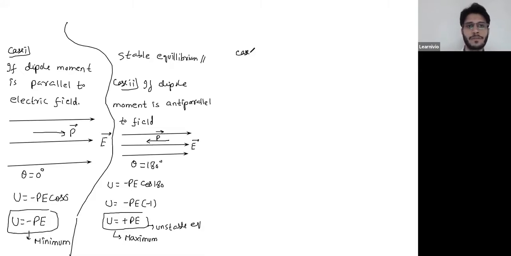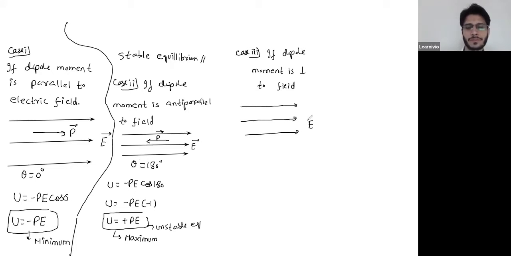Then it's case 3. If your dipole moment is perpendicular to the field, and this is the electric field and this is your dipole moment P, the angle between them is 90 degrees. So theta is 90 degrees here.